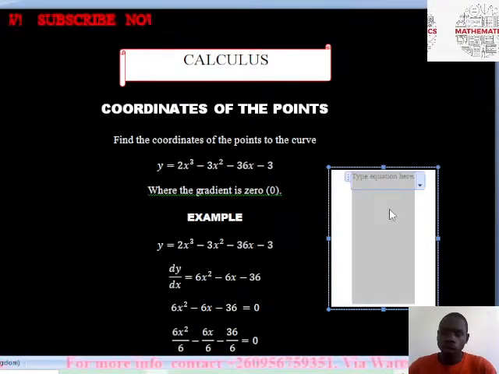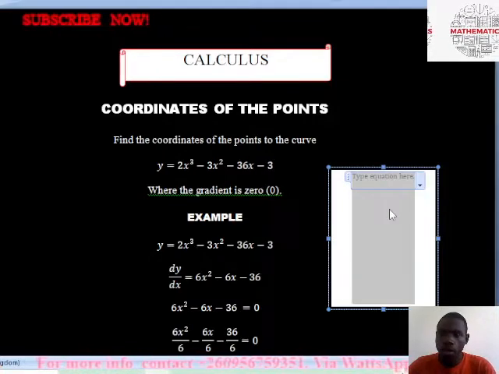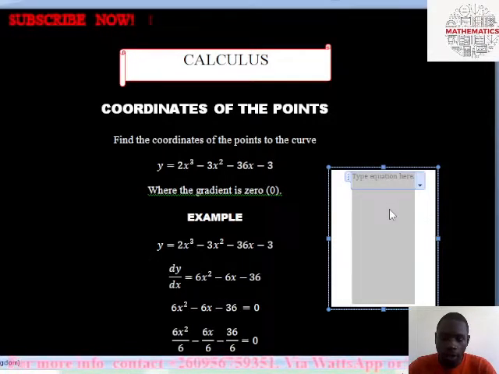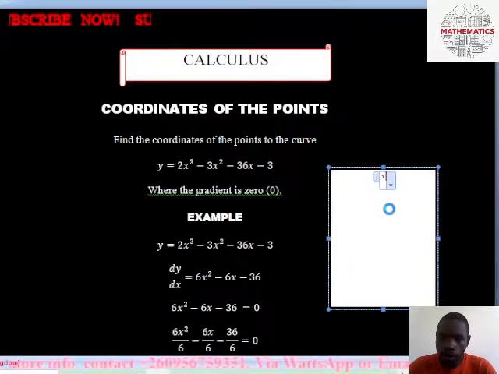So what I'm saying is, for you to say these are coordinates, you need to have something like x, y.